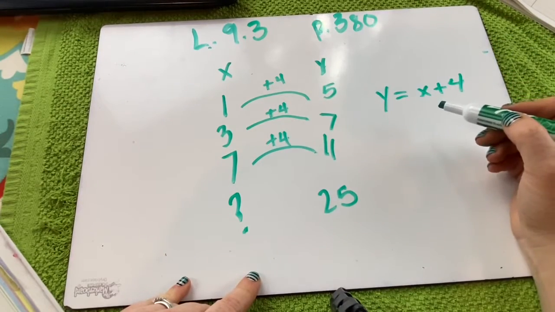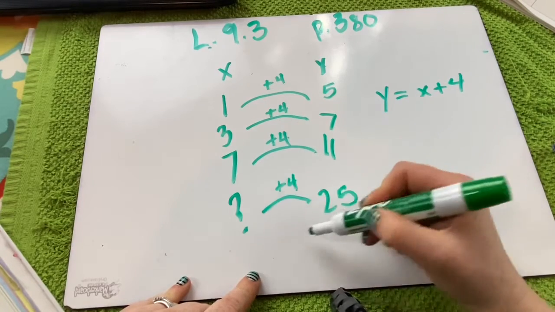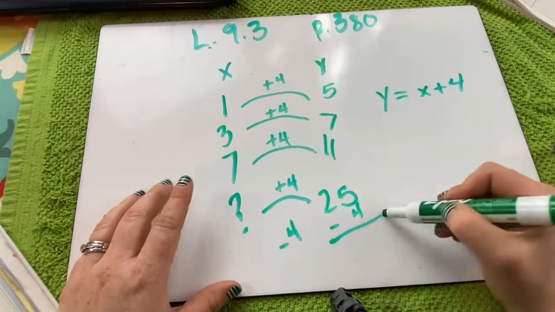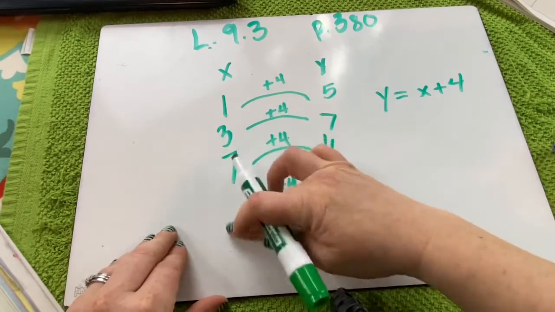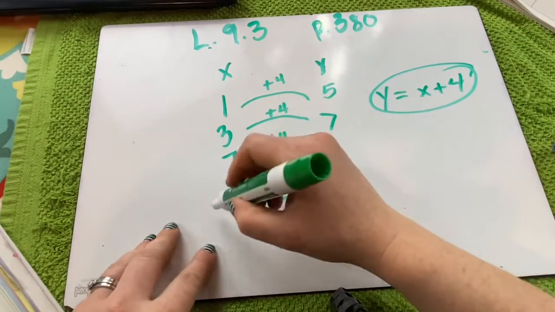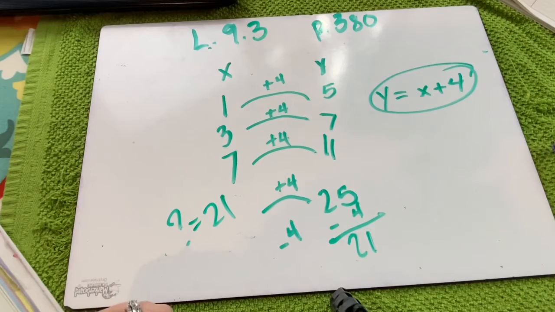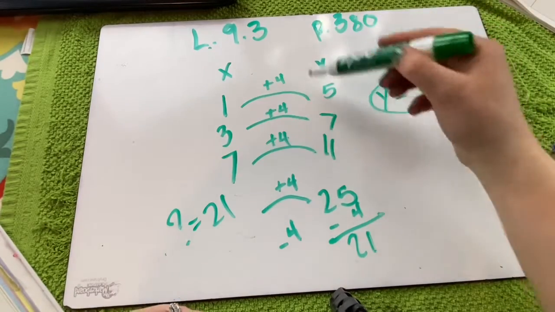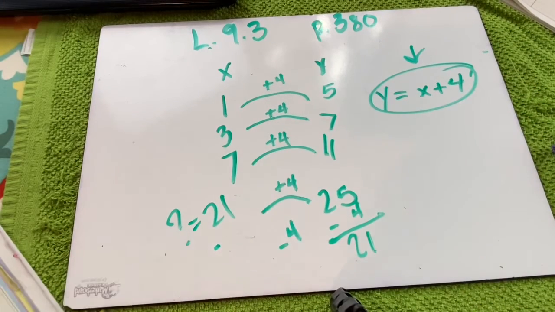Well, what plus 4, so I have to really minus 4, is what we're starting with, is 21, right? So this one, 2 answers right here, and then the question mark is 21. So step 1, figure out how they're changing. Step 2, write the equation and then find the missing number, is how they did that.